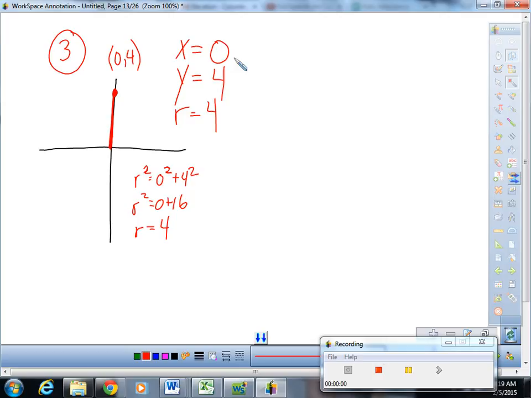So in this problem, when you get down to tangent of theta, that's going to be y over x. So it's going to be 4 over 0. And you're going to write that as undefined. The flip one, so cotangent of theta, is going to be 0 over 4.